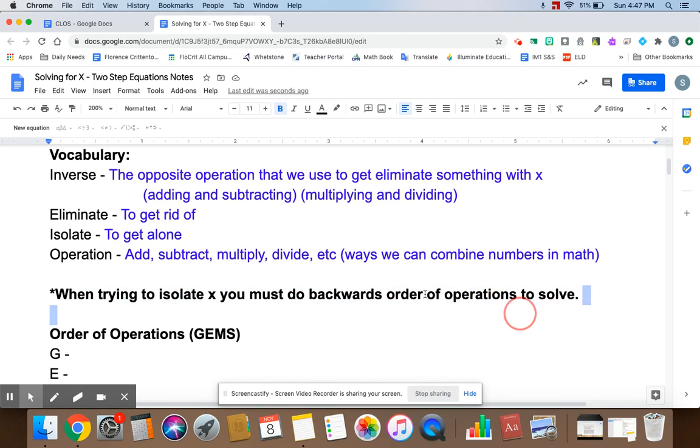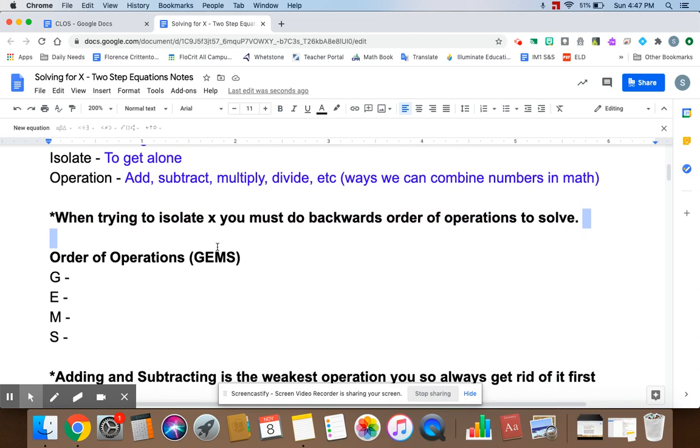So in order to understand what I mean, I have to explain what order of operations are. If you learned PEMDAS for order of operations, the video and the extra videos before this lesson explains the difference between PEMDAS and GEMS, but they're basically the same thing. So I'm going to teach you GEMS. And so here's what the order of operations is.